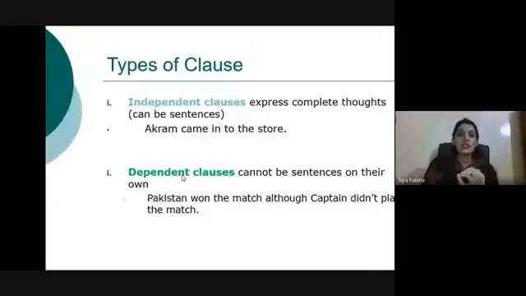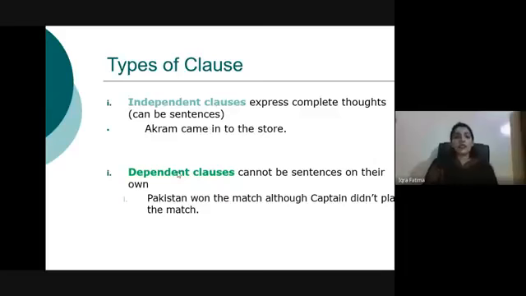Independent clauses are also called simple sentences because they are giving you a complete meaning. They are not dependent on anything, and they carry a subject and verb. Now you can see in the example, Akram came into the store. Akram is the subject, came is the verb, and we have the rest as the object.